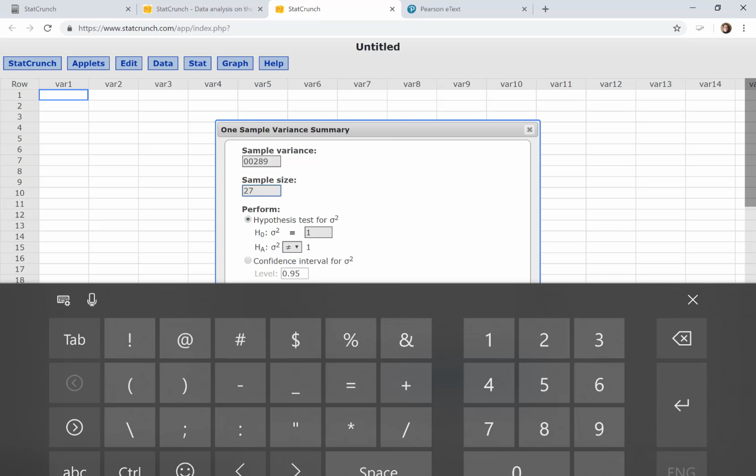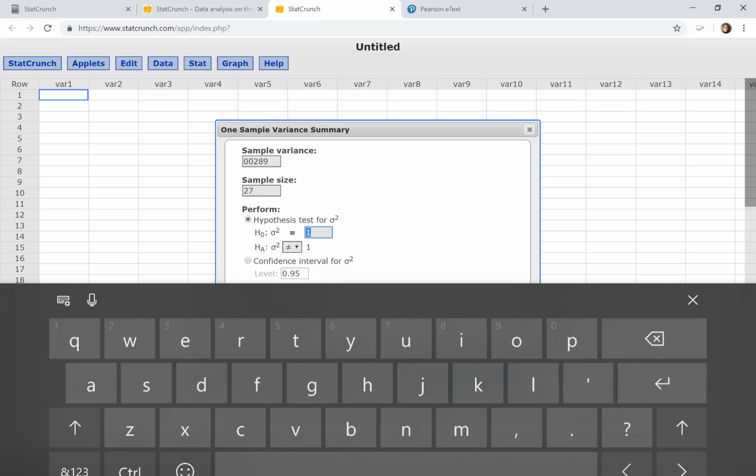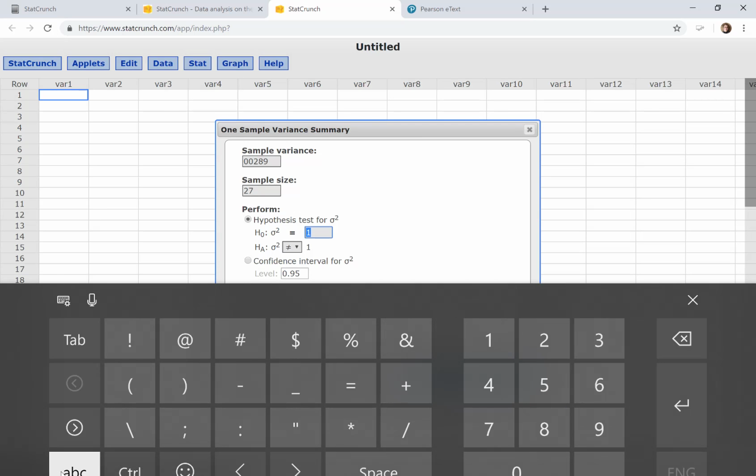Now, notice what we have next is our hypothesis test. That's what we want, but we need to change that number there. So again, we want to put in our 0.15 squared, which is going to be 0.0225.